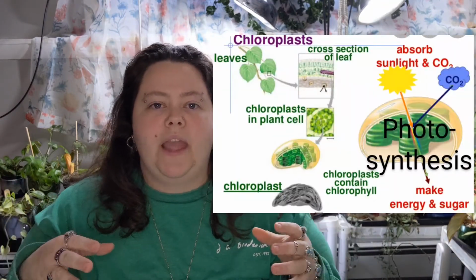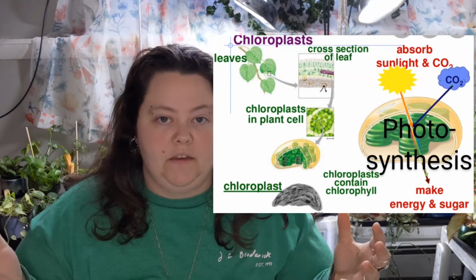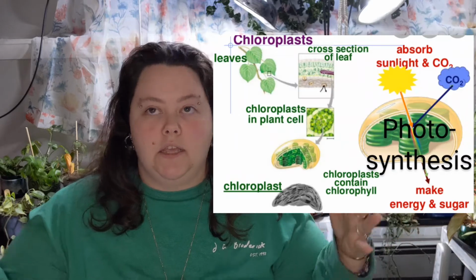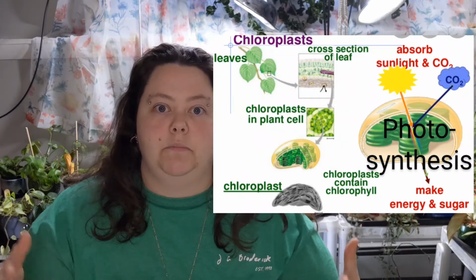Okay, so any green part on a plant can photosynthesize, right? That's where the chlorophyll and the chloroplast is, and it takes in the light and photosynthesizes, makes the sugar. So, that's that.